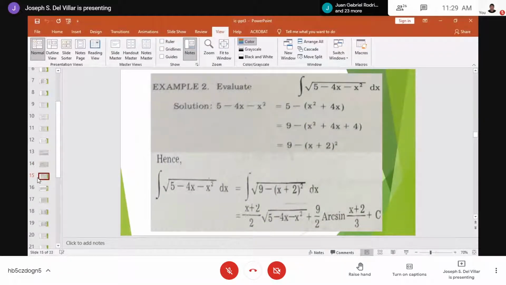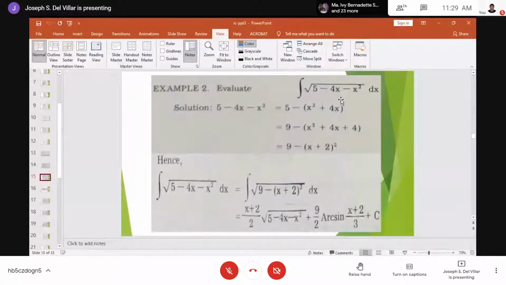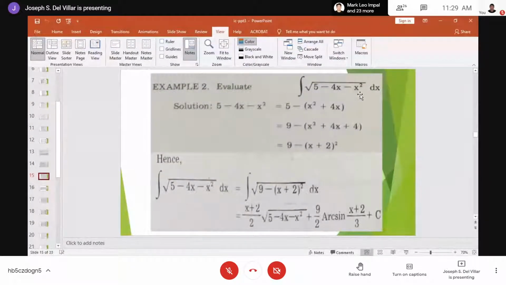Okay, yung second problem. So we have the integral of 5 minus 4x minus x squared dx. Okay? So by completing the squares again, so you take the negative sign so that 4x minus x squared becomes positive. So that is the quantity x squared plus 4x.